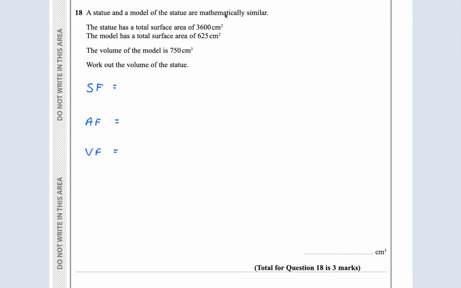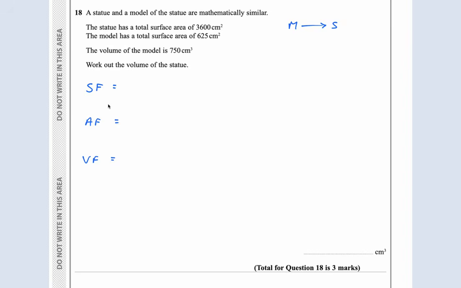This is how I like to do these similar shapes questions. So which one do we have? Well, we have the area factor. Now we're going to be going from the model to the statue, so the scale factor is going to be bigger than 1.